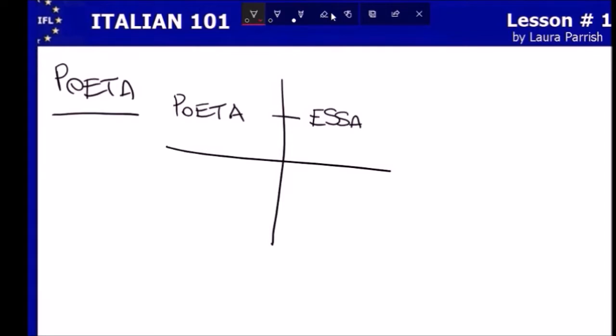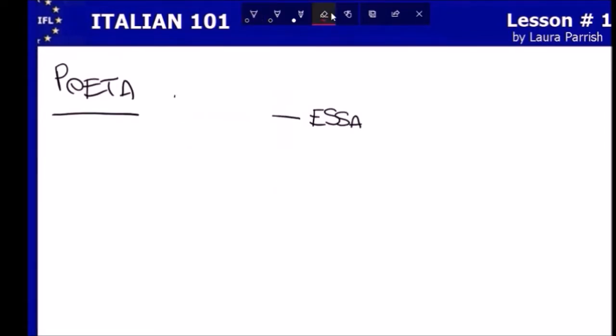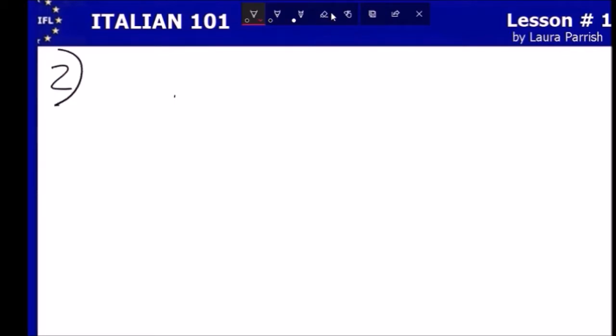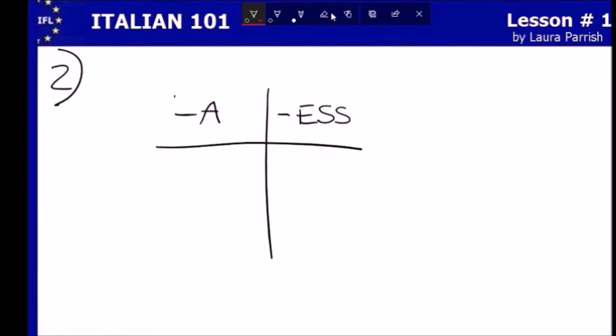So here I didn't do it very well because it's not the way I was supposed to do it. Okay. So this is some of the exceptions that I talked about. This one works this way: masculine singular is a, feminine singular is essa, masculine plural is i and feminine plural is esse.